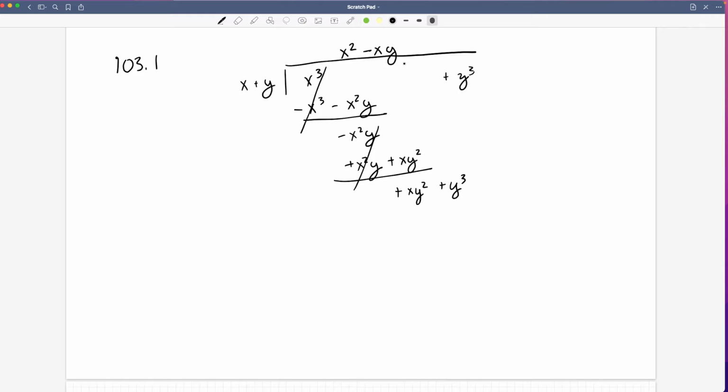And we can say what goes into xy squared. What times x? That's going to be a positive y squared. Y squared times x is going to be xy squared. Y squared times y is going to be a positive y cubed. Change the signs, and they cancel. We're left with a remainder of 0.